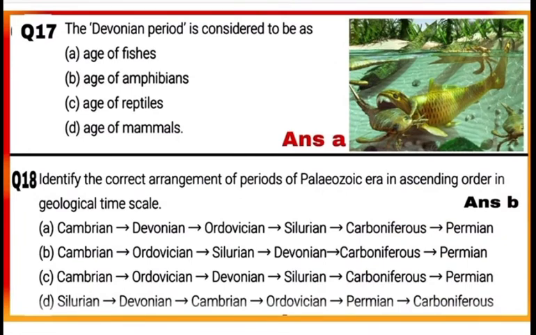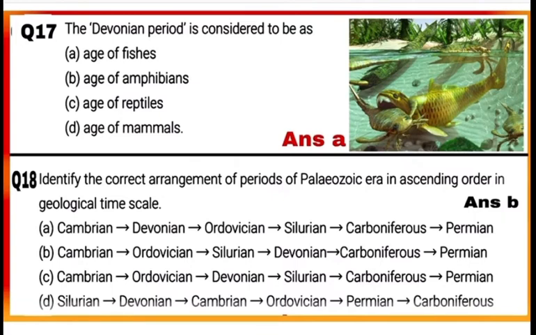Question 17. The Devonian period of Paleozoic era is considered to be the age of fishes, while Carboniferous period of Paleozoic era is considered to be the age of amphibians. Mesozoic era is the age of reptiles and Cenozoic era is the age of mammals. So here correct choice is A. Question 18.